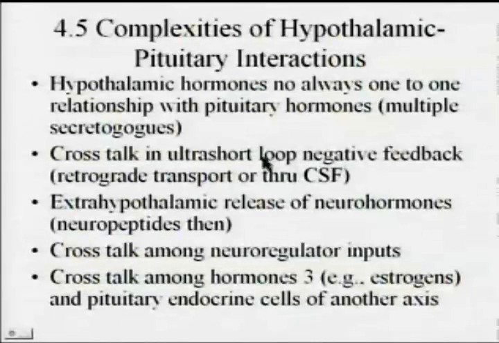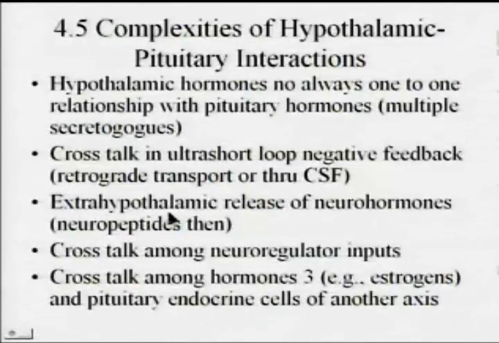Anyway, ultrashort loop negative feedback might do some signaling through that mechanism. It's pretty complex and theoretical, so let's not worry about it. Or maybe through the cerebrospinal fluid and ultimately get to the hypothalamic neurons so that one hypothalamic hormone can impact neurons of another hypothalamic hormone.